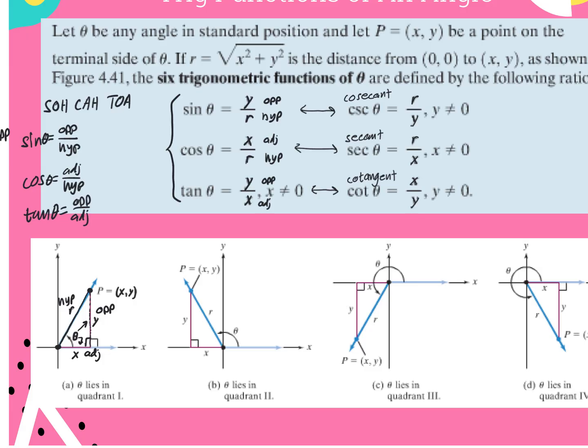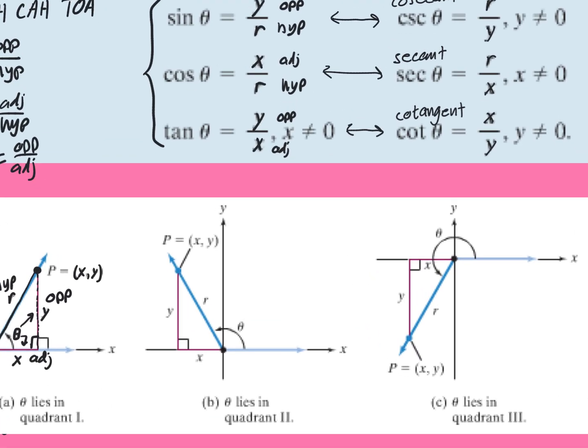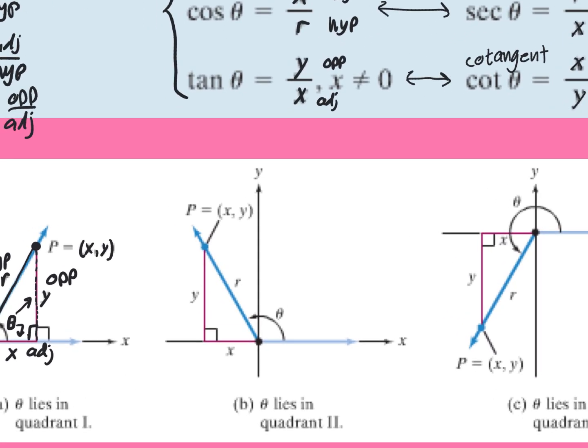But notice that this is true for any quadrant, right? If I were to take a point in the second quadrant, for instance, you still have a point x comma y. The vertical distance is the opposite side of this little angle on the inside, which is the y value, right? And then the side right next to it is the x value, that's the adjacent side. And then once again, the r value is the hypotenuse.